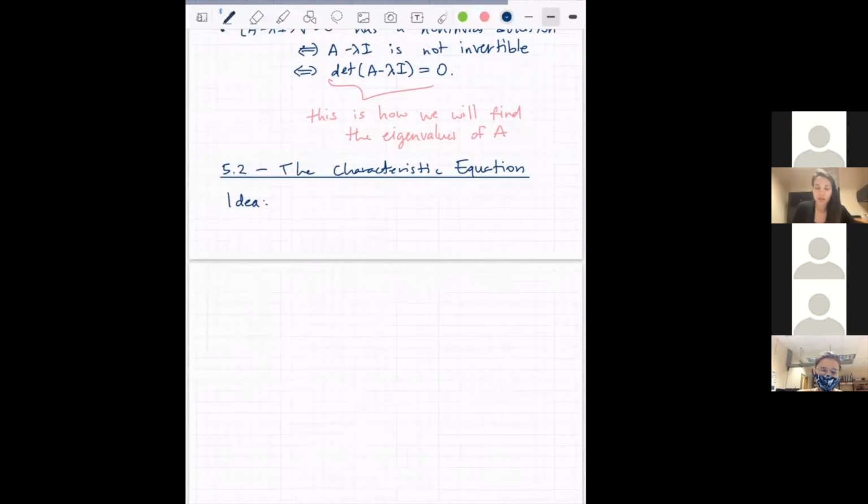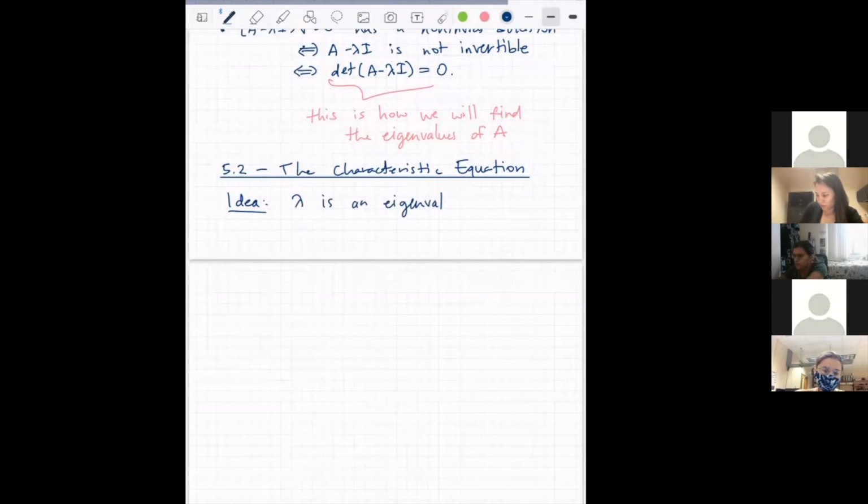Okay, great. So using this idea, lambda is an eigenvalue of A if and only if the determinant of A minus lambda I is equal to 0.